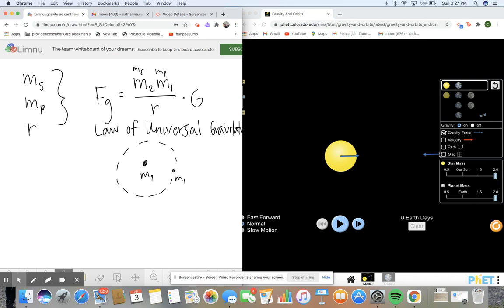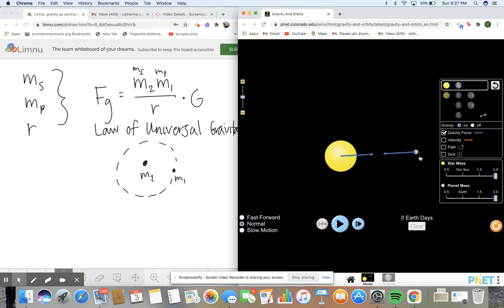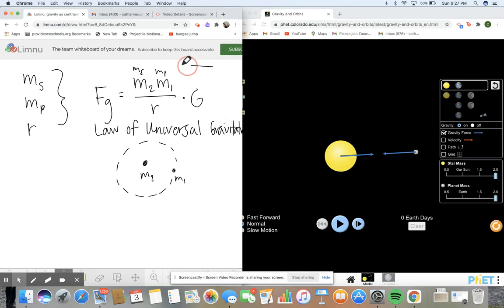And you'll notice this is an action-reaction pair. One massive object has a force acting on the other one, and vice versa, that same object has the force acting on the other object as well. Okay, so we will be doing some calculations using this in the future.